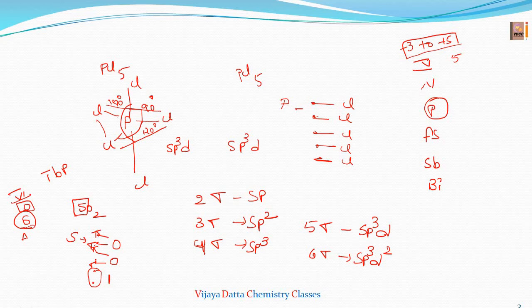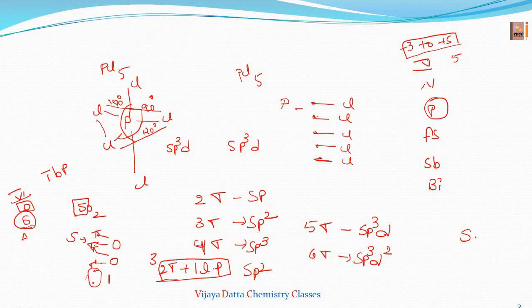Only sigma bonds and lone pairs we should calculate. So 1 sigma, 2 sigma and one more lone pair. So total is 3: that is 2 sigma bonds plus 1 lone pair. So total 3 we have. 3 is nothing but which hybridization? I said sp2 hybridization. That's why the structure is bent, due to the presence of the lone pair on the sulfur.